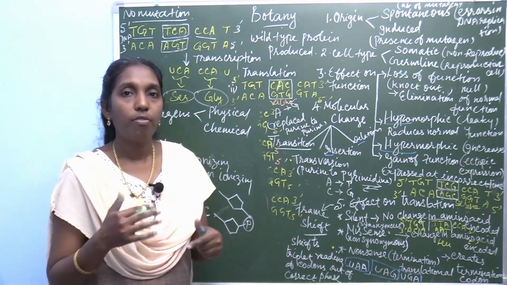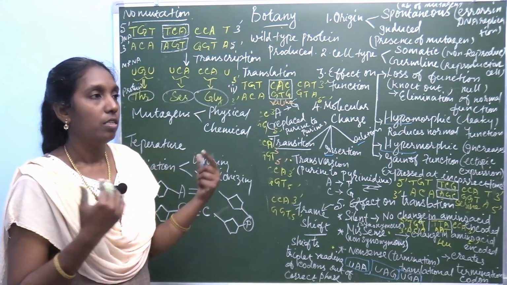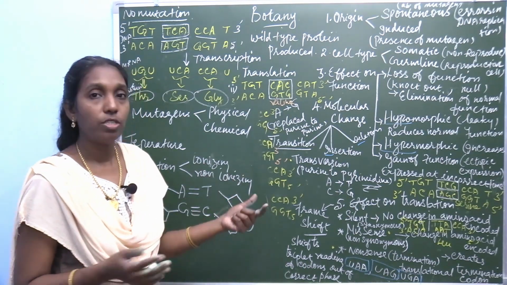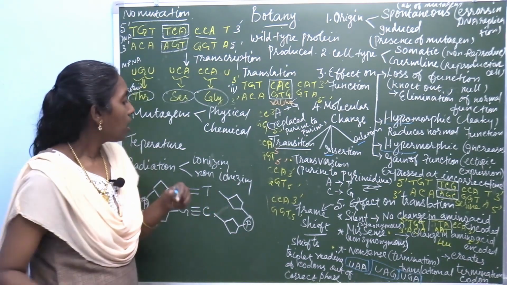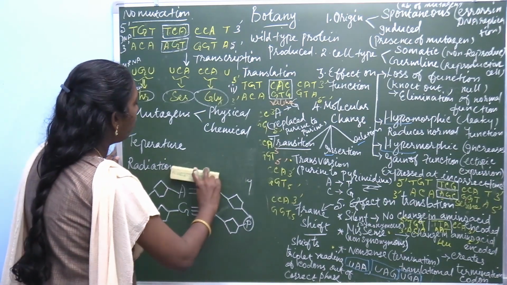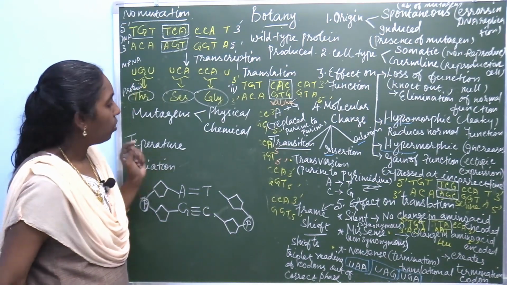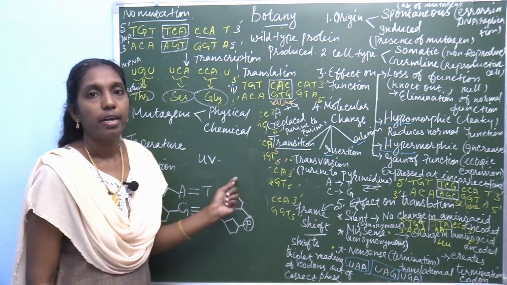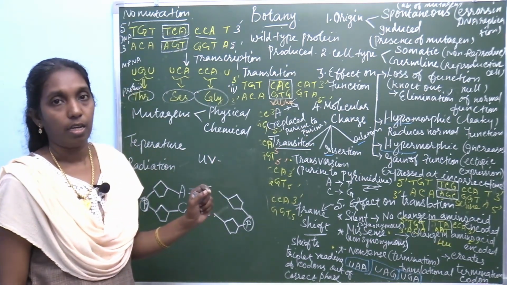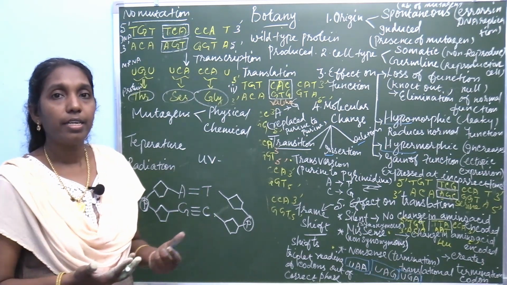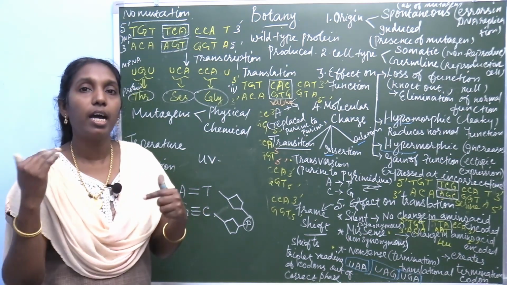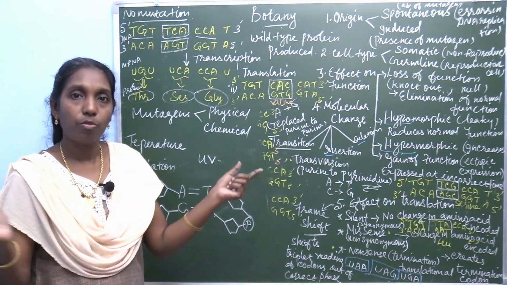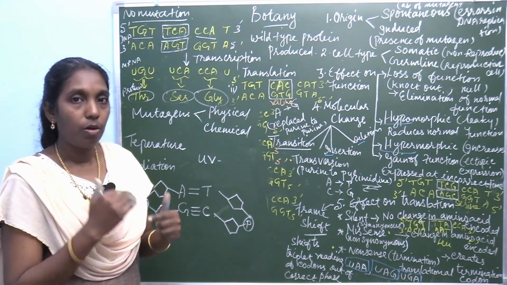Alpha, beta, gamma rays and cosmic rays come under ionizing radiation. Ultraviolet radiation comes under non-ionizing radiation.